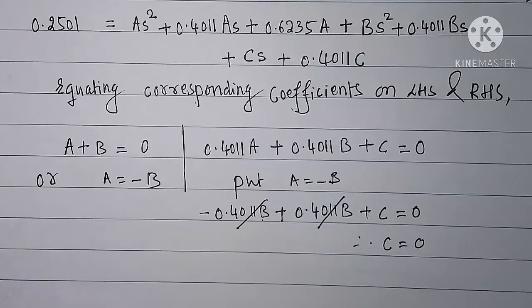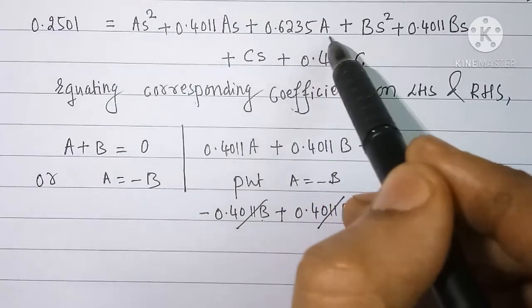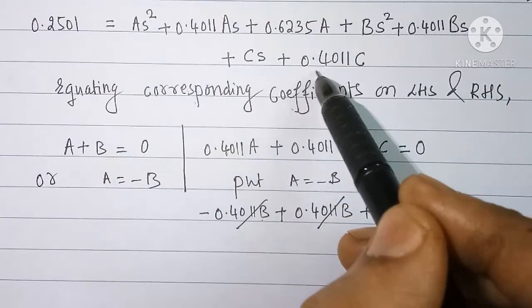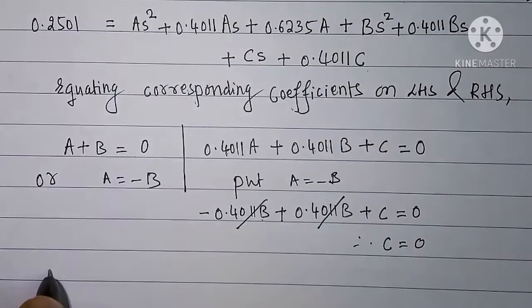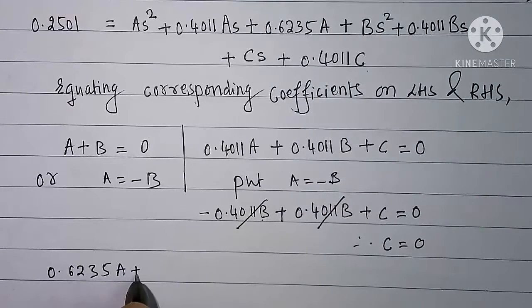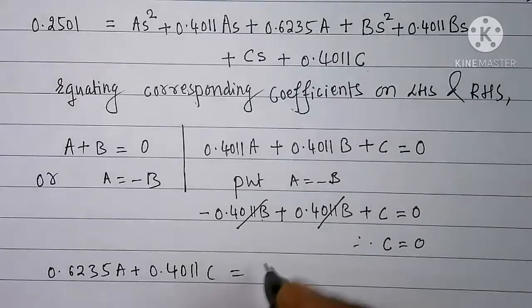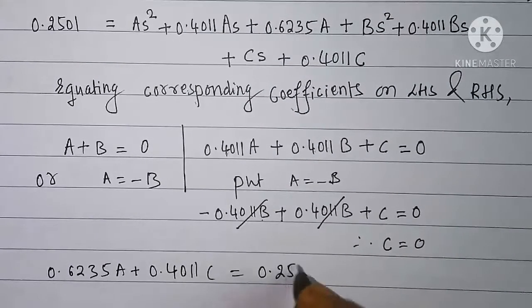Now equating constants on LHS and RHS, we get 0.6235 a plus 0.4011 c equal to 0.2501.